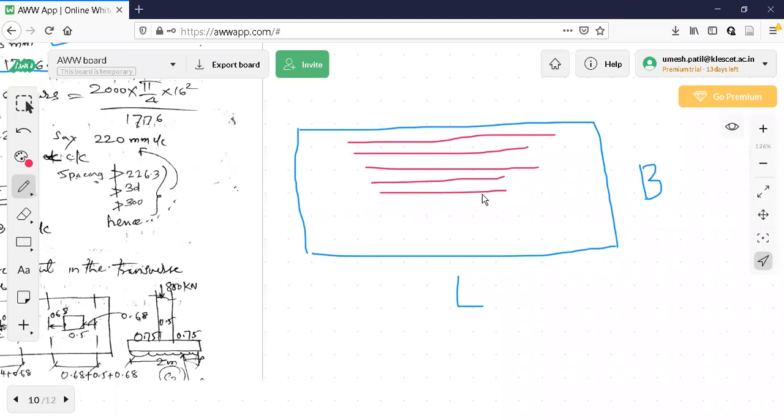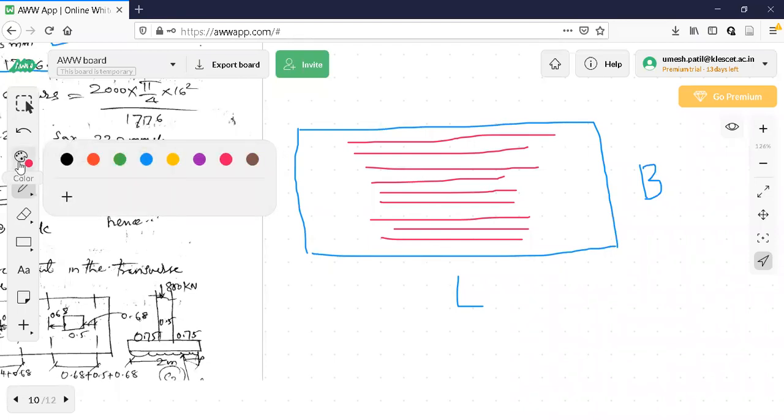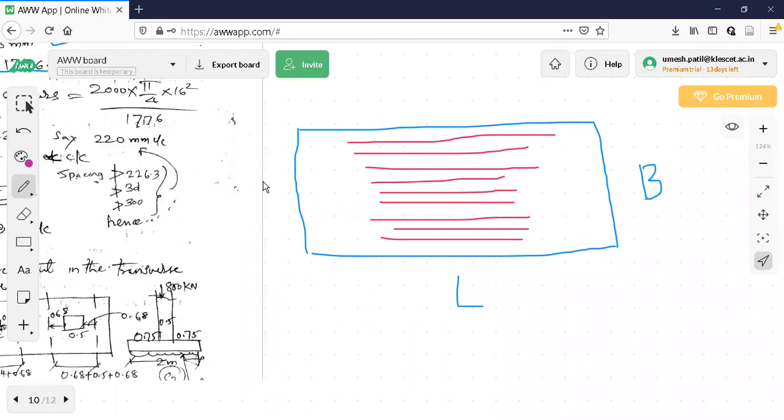Reinforcement in the longitudinal direction in between the columns. These are top bars. Next, what are these bars? This much on this side.